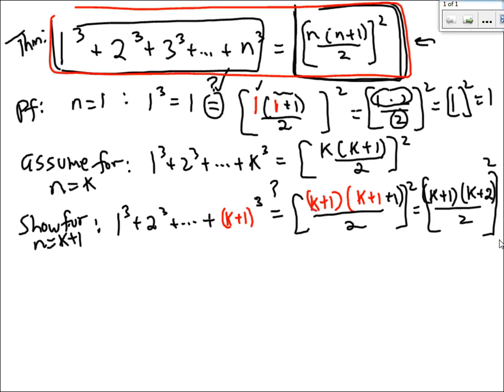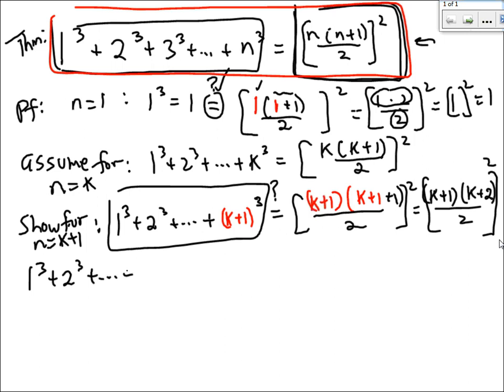So we don't know that this is true yet. So let's work on the left side. 1 cube plus 2 cube all the way up to k cube. k is less than k plus 1, so k cube will be there, plus the k plus 1 cube.